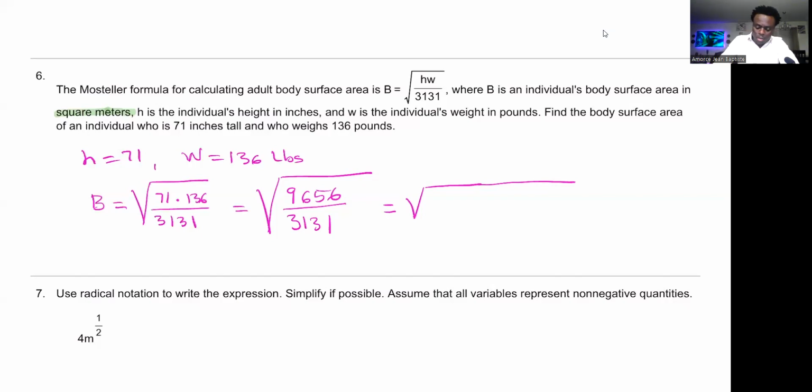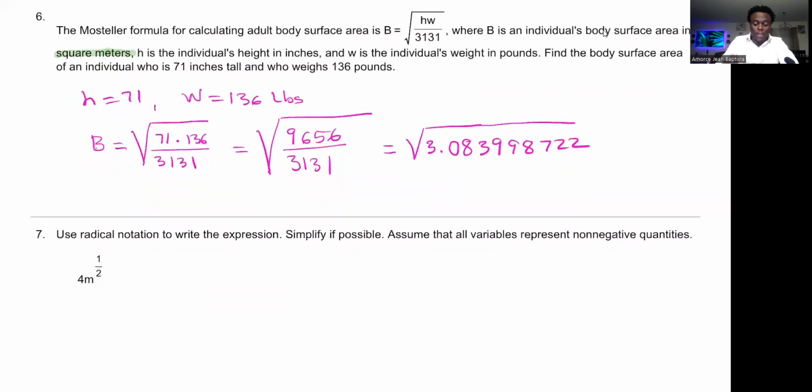So the answer I found was 3.083998722. And then to find the final answer, B equals, I'm going to round after I take the square root of this number.